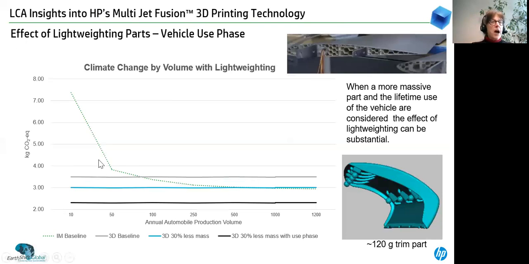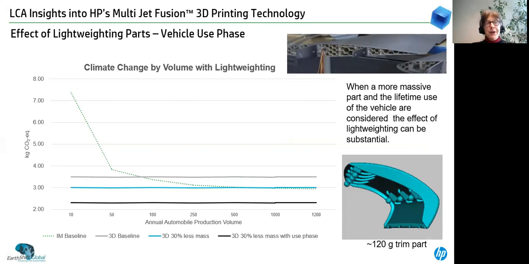And so what we found here is only with the 30% less mass, we're getting into the area where the 3D printing is essentially equivalent to, or indistinguishable from, I should say, the impacts are indistinguishable from the injection molding, or they're less. And so right now today, with that lightweighting, with a larger part, the 3D printing is providing a really good benefit.